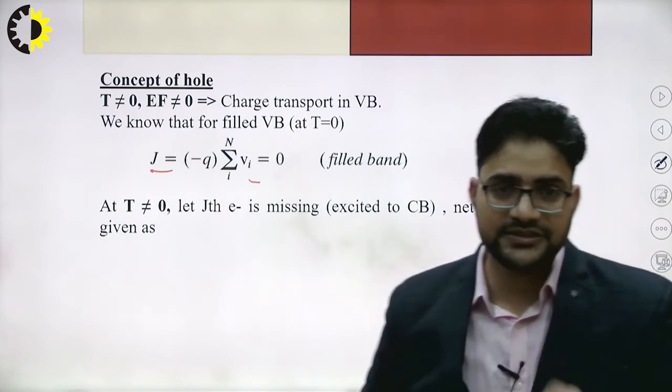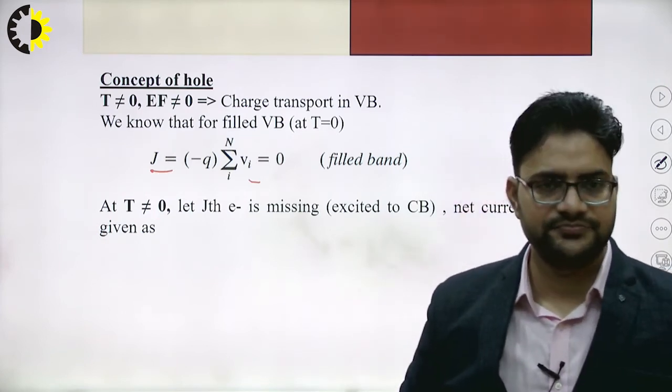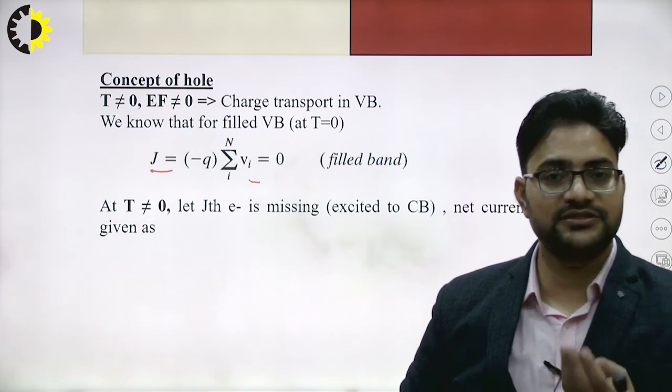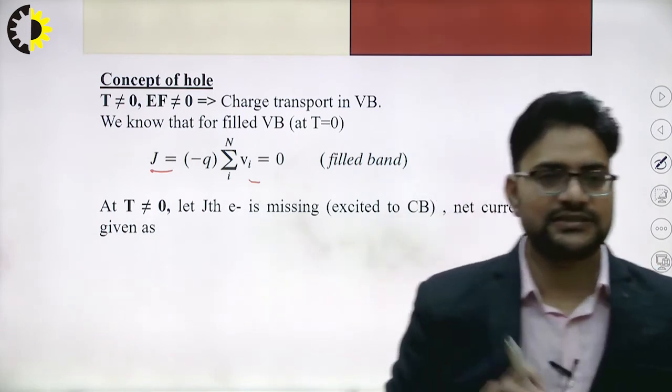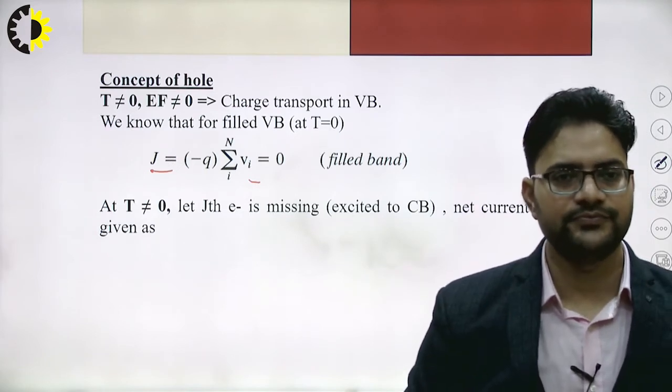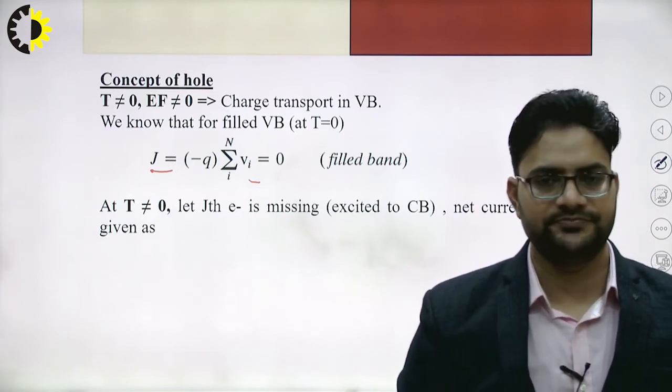Now temperature is increased, or you can say temperature is non-zero, and the jth electron is missing from the valence band.